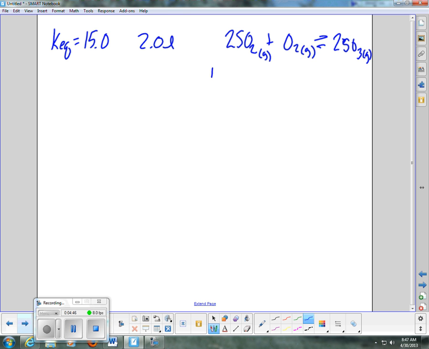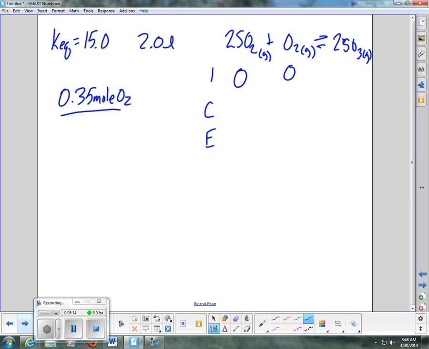So on ICE, I had 0 of this to start with and 0 of this. But I don't know how much SO3 was added in. Then it says at equilibrium, the vessel contained 0.35 moles of O2. Before I can put it in the ICE table, it's got to be in molarity.